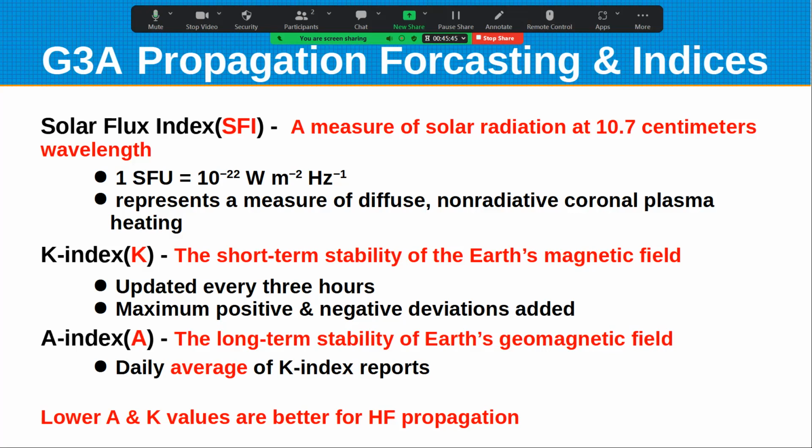The A index is like a daily average of the K indexes, as I understand it. And it gives you more of a long-term estimate of the geomagnetic field. So lower A and K values tend to indicate better HF propagation.